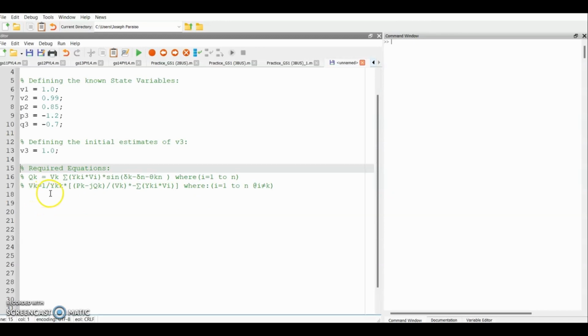And Bk is equal to 1 over Ykk times Pk minus jQk divided by Bk conjugate minus summation of Yki times Bi, where i is equal to 1 to n, where i is not equal to k.